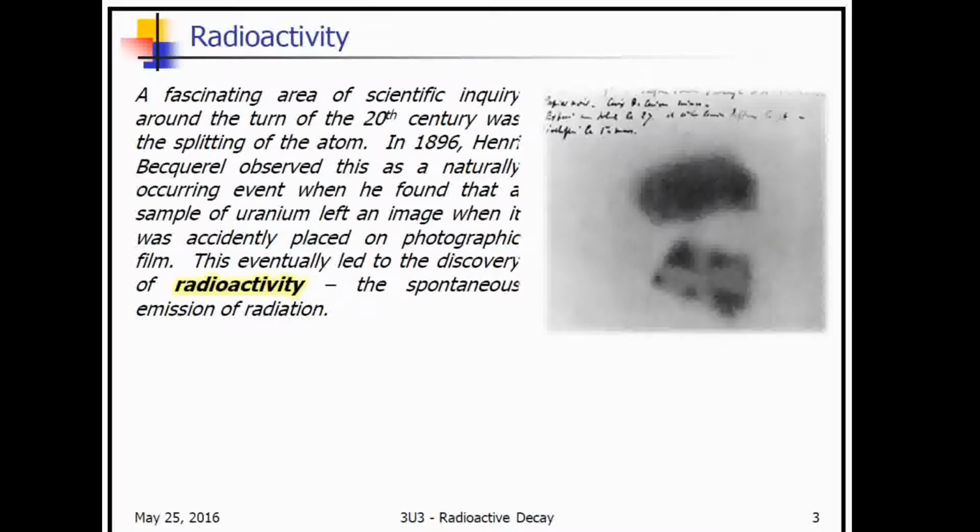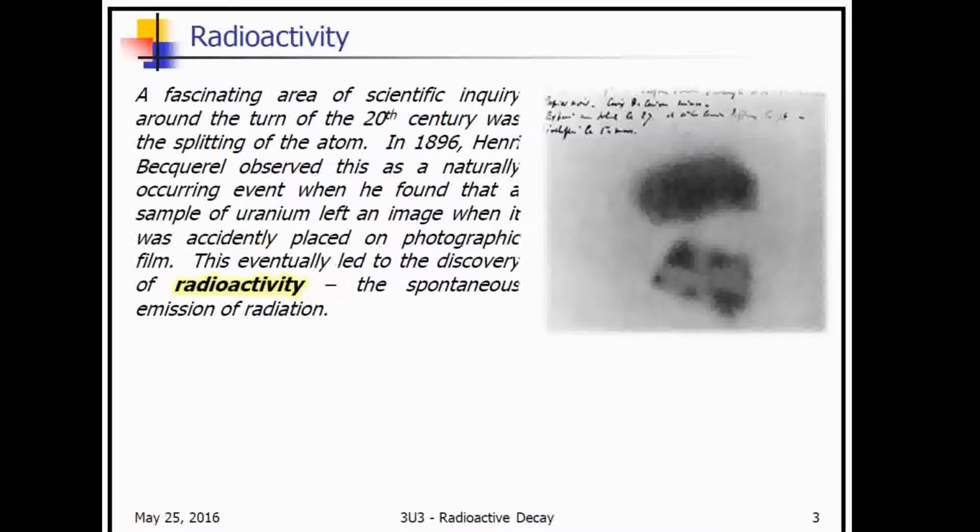So, a little bit of history here in terms of radioactivity. It was in 1896 that Henri Becquerel observed that radioactivity is a naturally occurring event. He had a sample of uranium and placed it on top of photographic film, and then he saw that the uranium left an image on that photographic film.